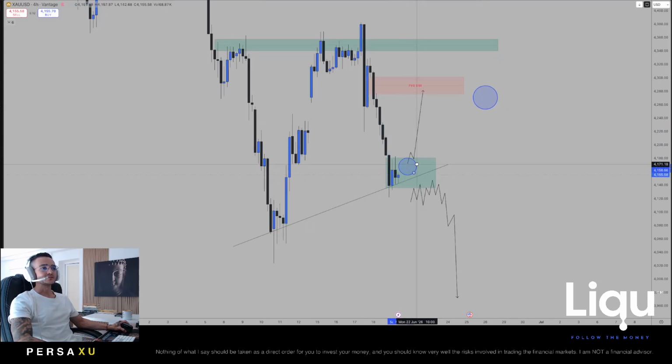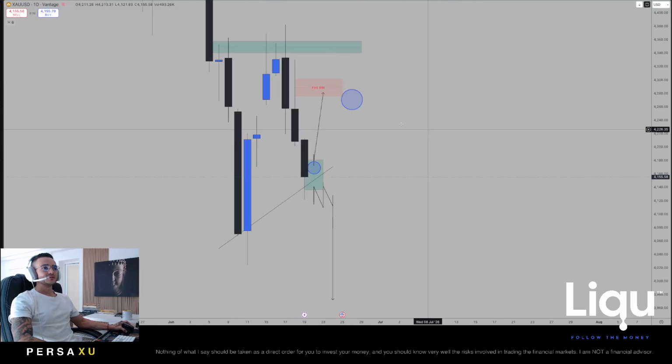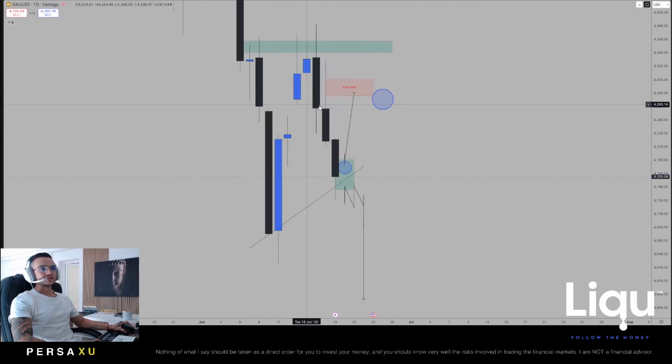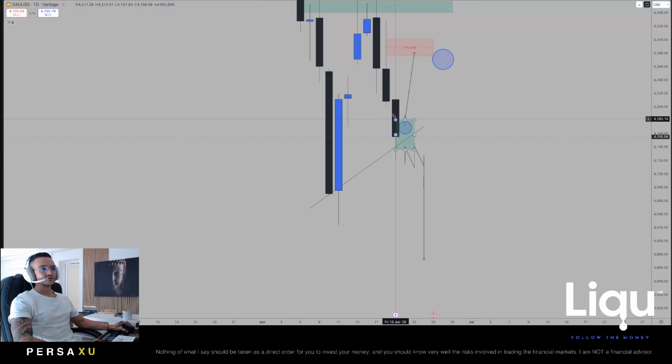But I think if we go to the daily time frame, this is already balanced here. So even though there is a fair value gap in the 4-hour time frame, the daily chart is already balanced all here. And notice where this candle is leaving potentially that same fair value gap.